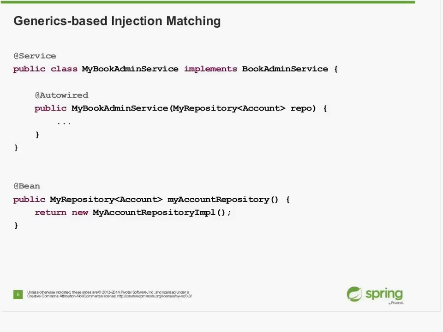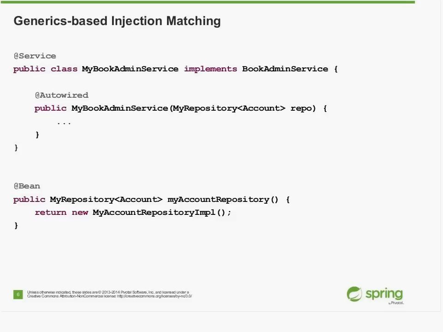Just a few quick examples, and notice the subtle differences here. What you're seeing here doesn't look particularly new, right? It's a component class, it has a constructor marked with @Autowired. In a different class, you would find the @Bean method below, probably in some configuration classes, as we've been seeing before.